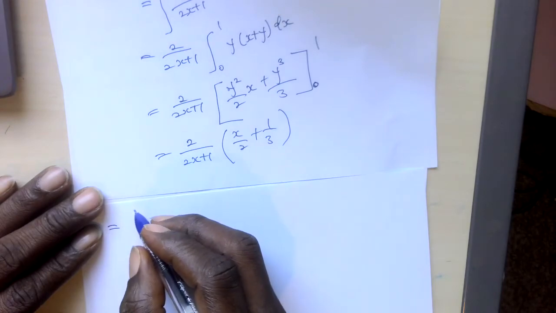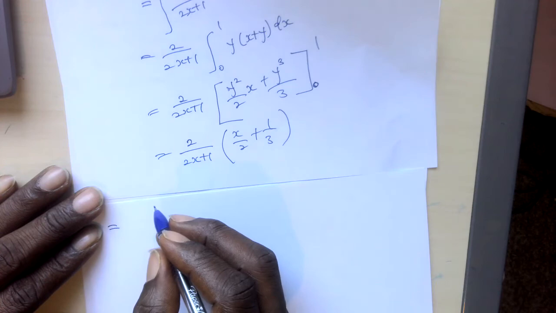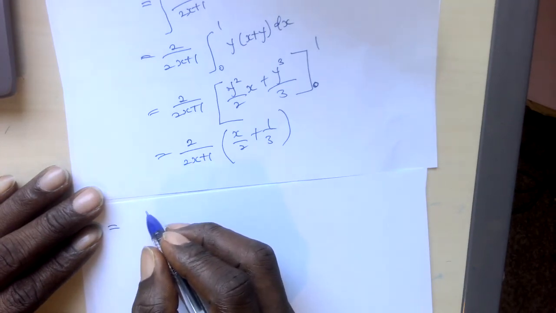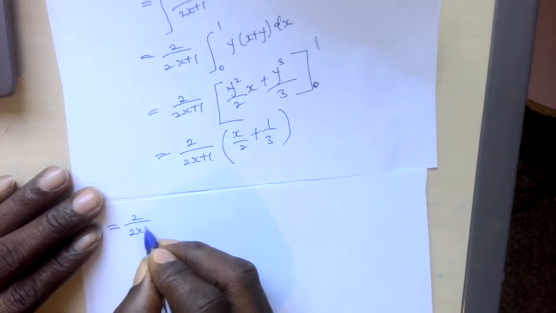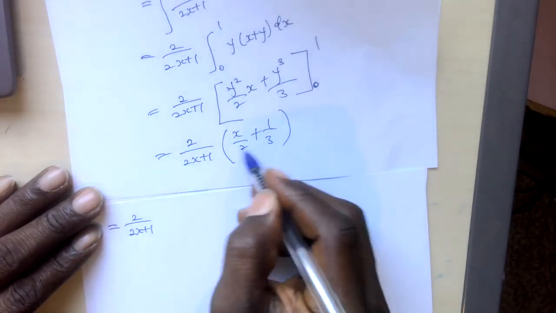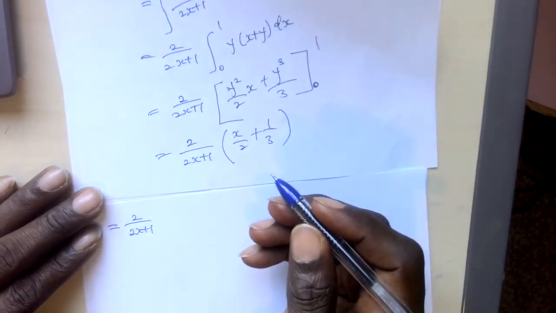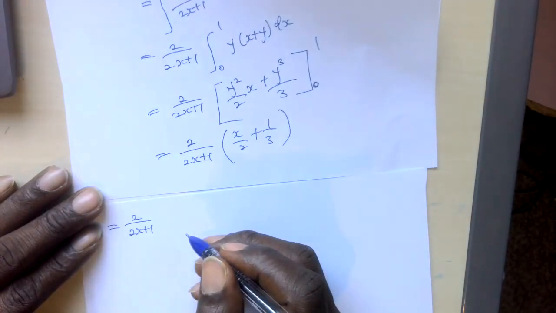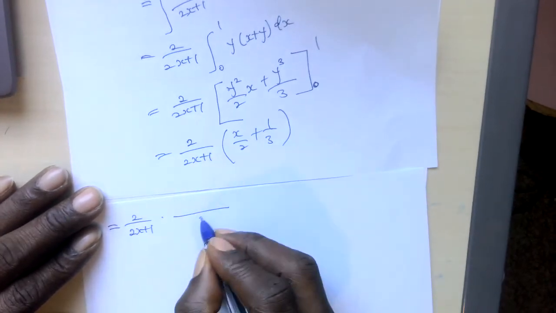That gives us 2x plus 1. Now you can look for the LCM of this. That's 6, right?